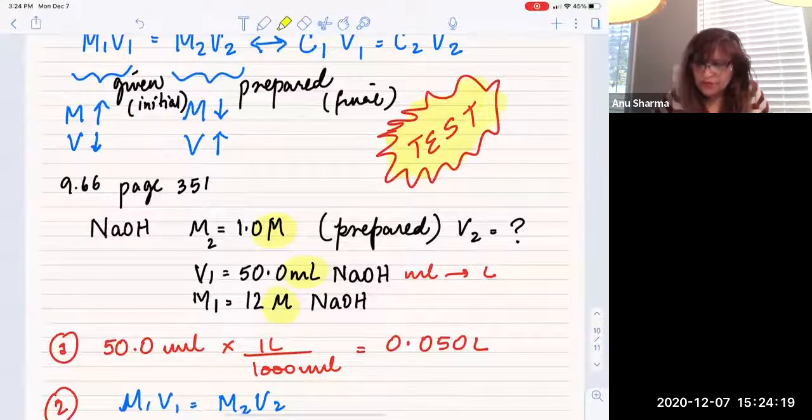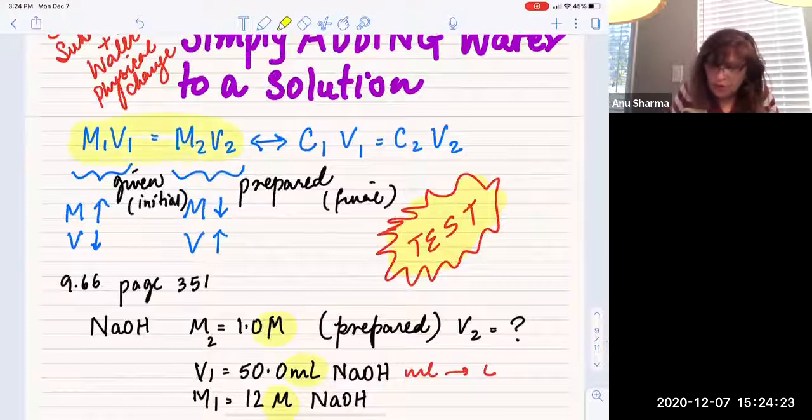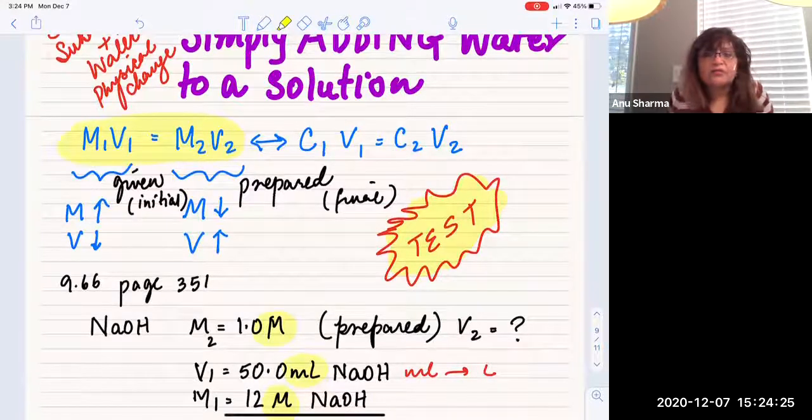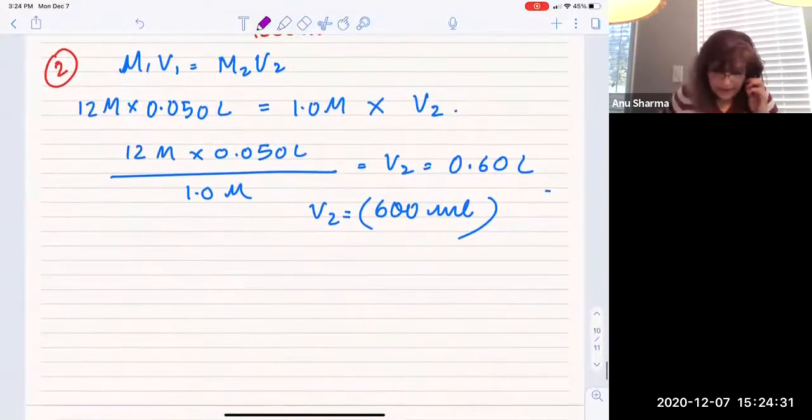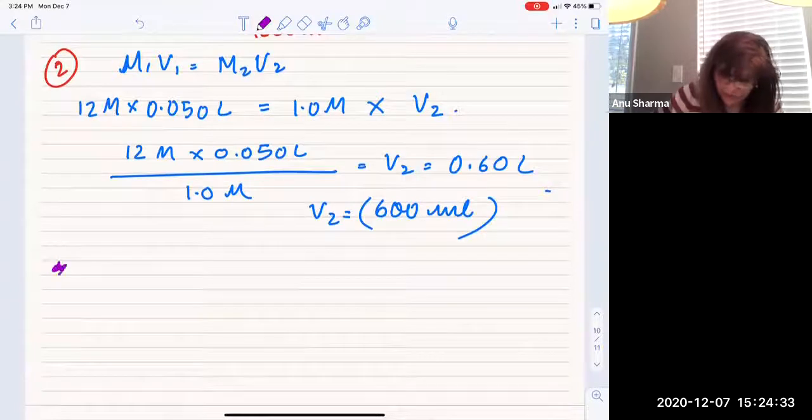So this is going to be your job. So you should know how to use this formula. Otherwise, it's all messed up, okay? Clear, guys?